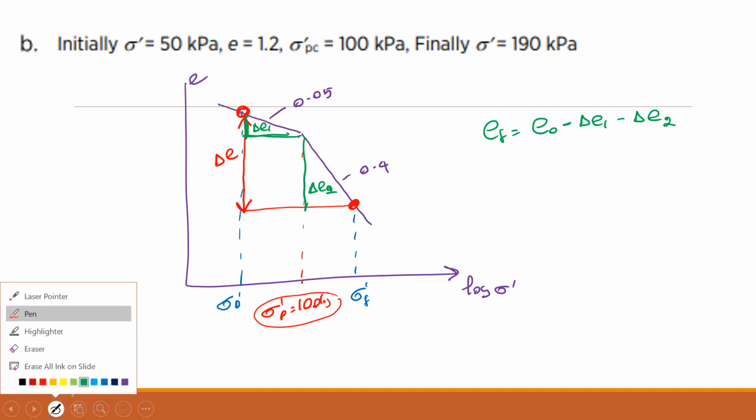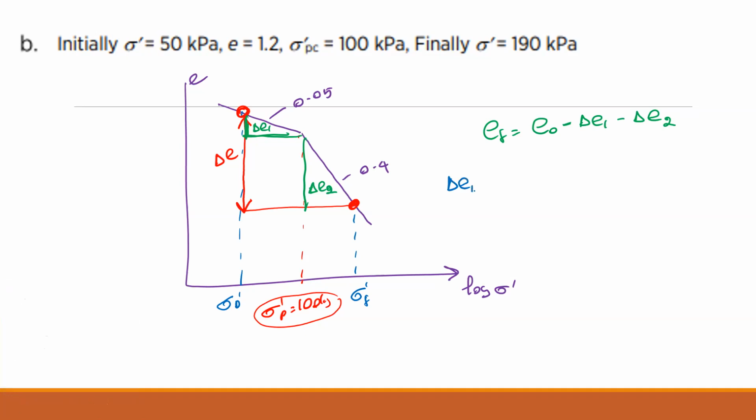How do we write delta e1? So delta e1 is equal to 0.05 times log 100 divided by 50.